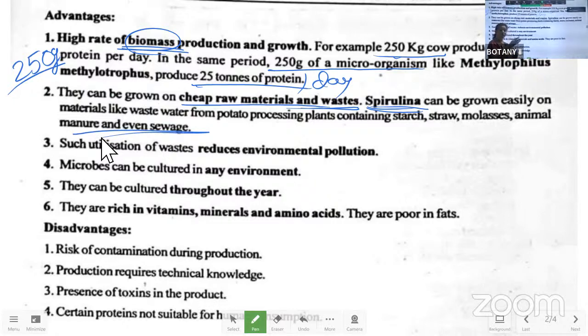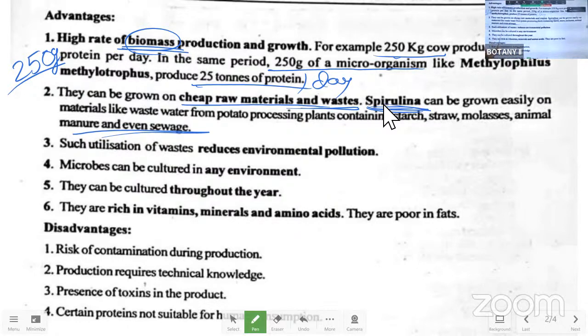So this is also a way to clean the water. Environmental safety, which we have already learned in sewage treatment, is the same thing here. Spirulina is the best example, which can be grown easily on wastewater or waste materials in the biotech labs. That is the second point.